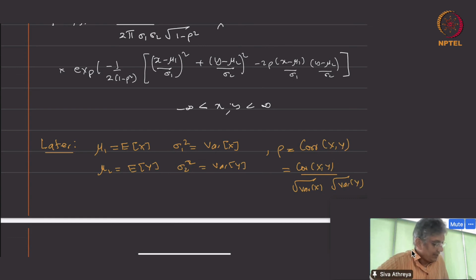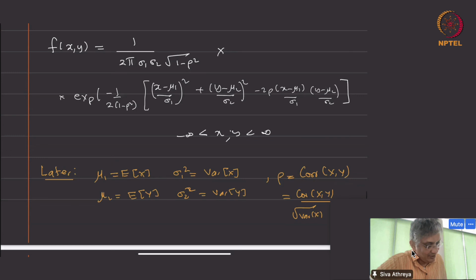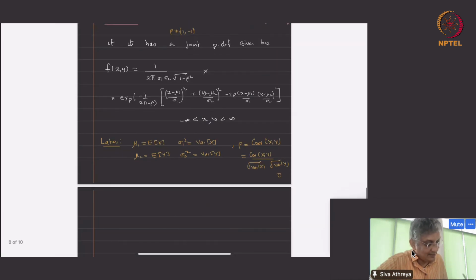We will see this later on as the course progresses. As of now, bivariate normal means it has this joint density.